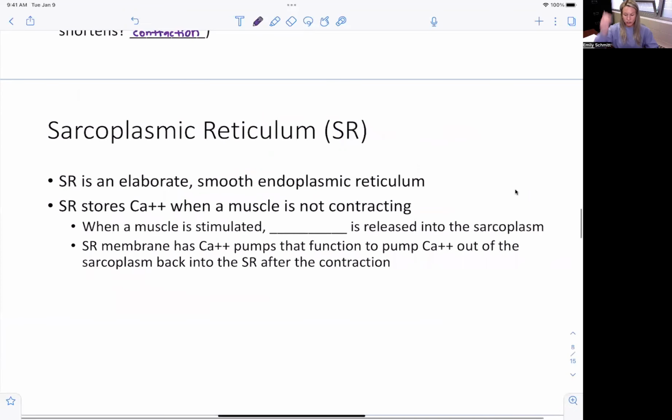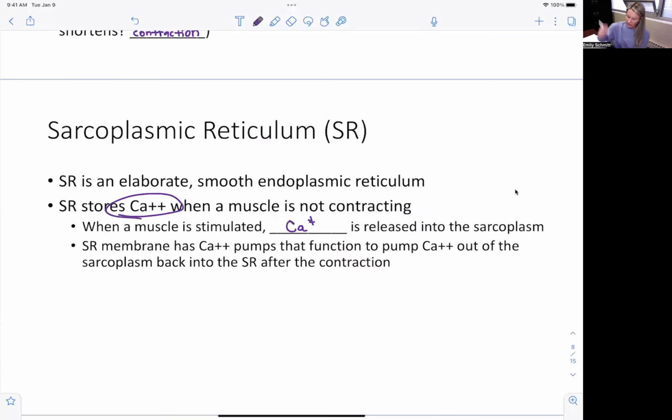So another important term to remember is our sarcoplasmic reticulum. So this is an elaborate, smooth endoplasmic reticulum, and it stores calcium. So that's really the important concept to remember about the sarcoplasmic reticulum, is that it stores calcium when a muscle is not contracted, but when a muscle is stimulated, we know that calcium is released into the sarcoplasm.